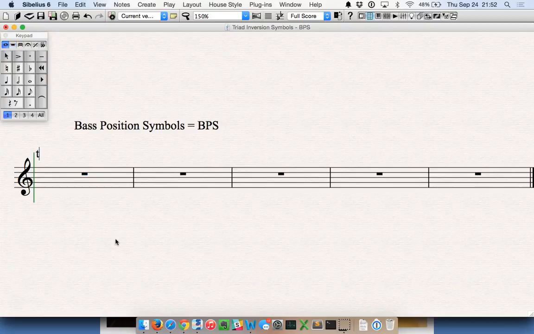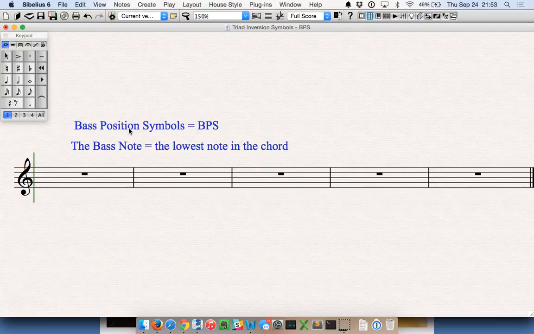Remember, the bass note is equal to the lowest note in the chord. Just a quick reminder. It's very important to know that, because the bass note is going to quite literally dictate what the inversion of the chord is going to be.